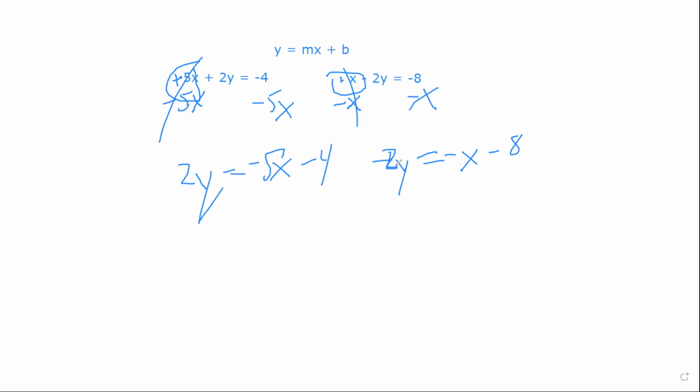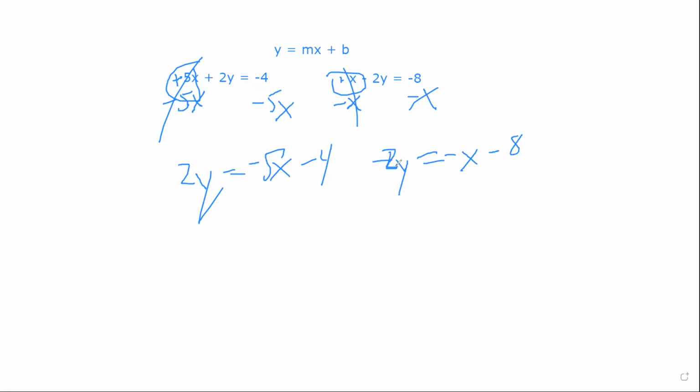Okay, now what? I'm trying to get these both into slope-intercept form. I've canceled the x term and moved it to the right-hand side. Now what do I do? Divide everything by 2.